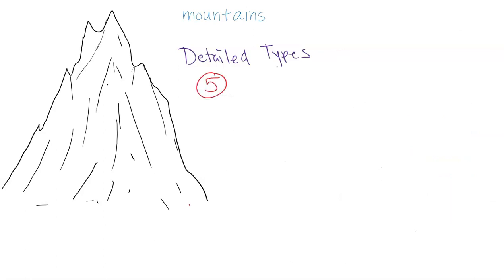So now we're on to the fifth type, which is complex. Now we discussed earlier that the fault block mountains were due to tensional stress. Now complex mountains, by the name, there are a range of formations.